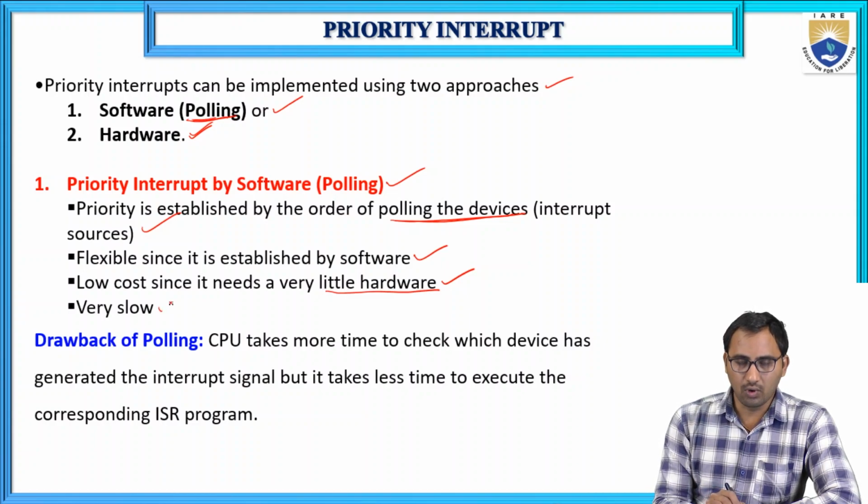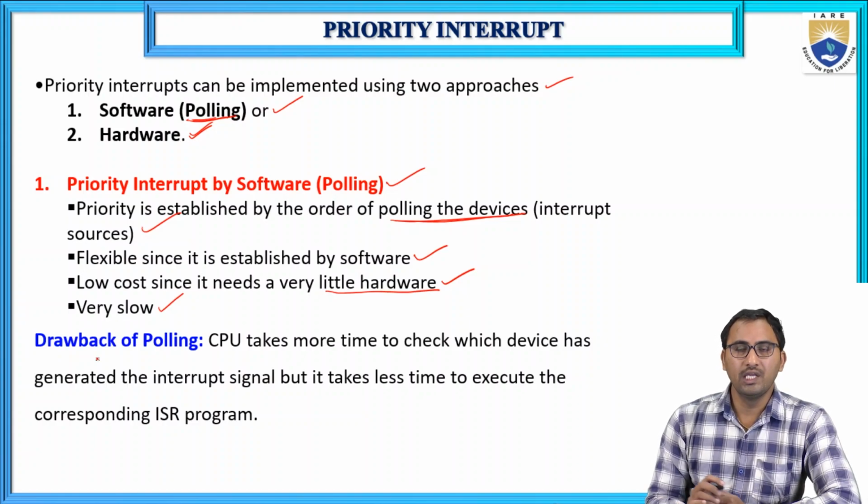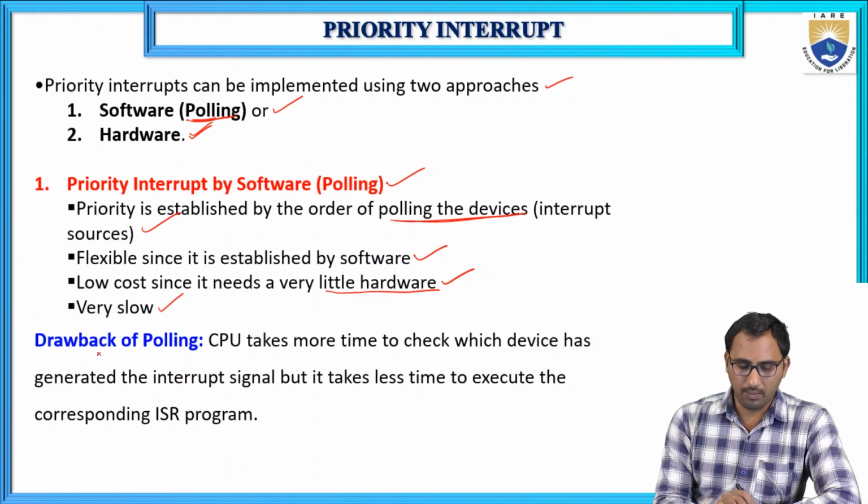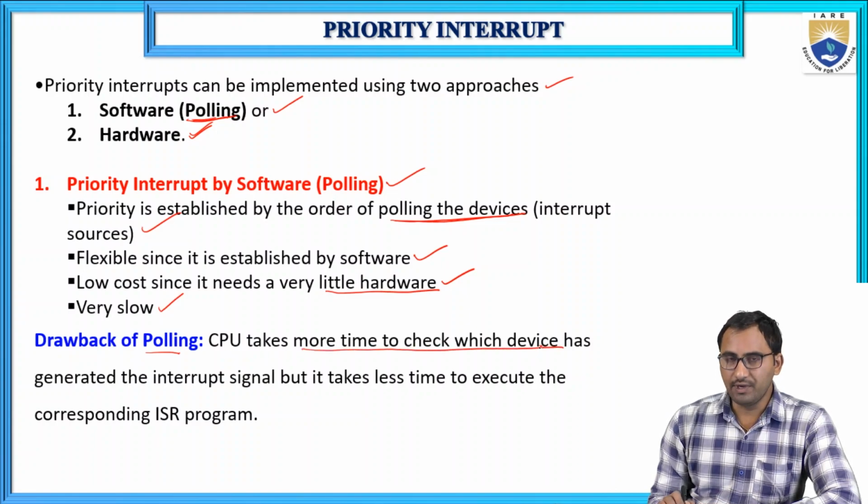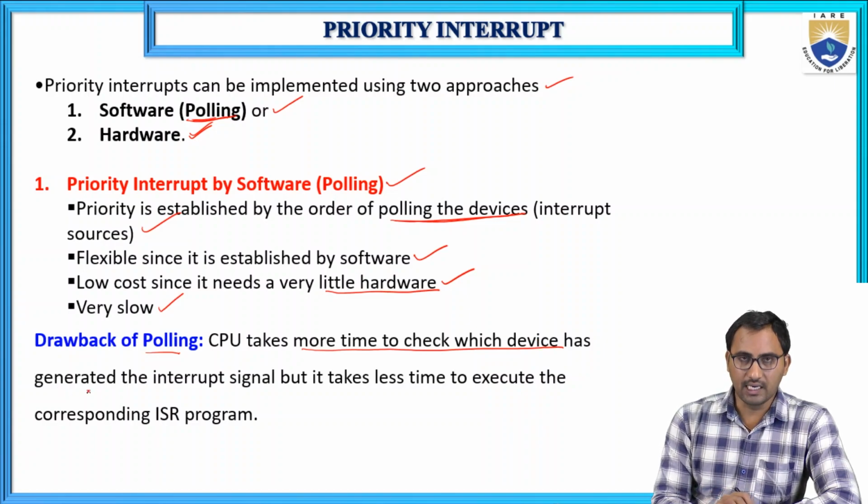And it is very slow, because in this process we need to check all the devices to determine which device raised the interrupt request. So this is the drawback of polling. The CPU takes more time to check which device has generated the interrupt signal, but it takes less time to execute the interrupt service routine program.